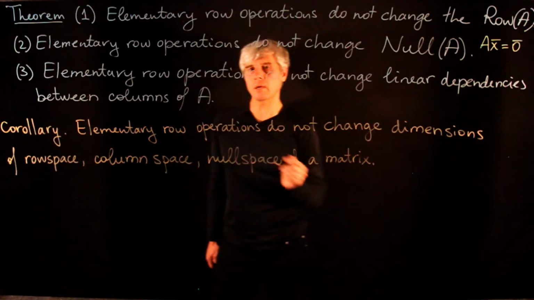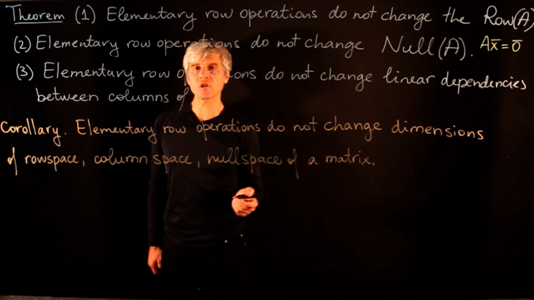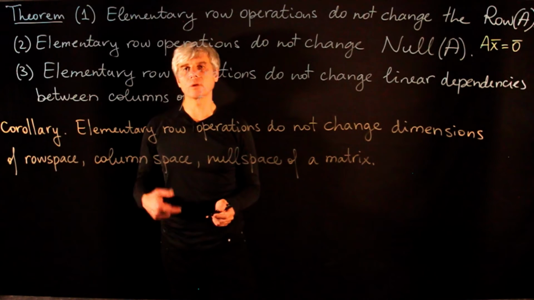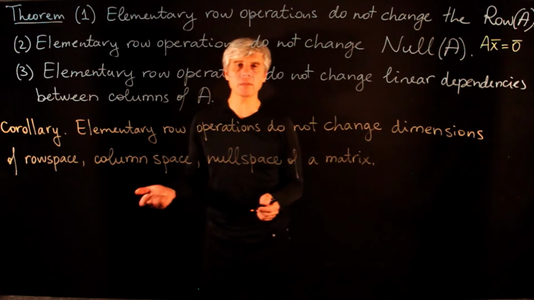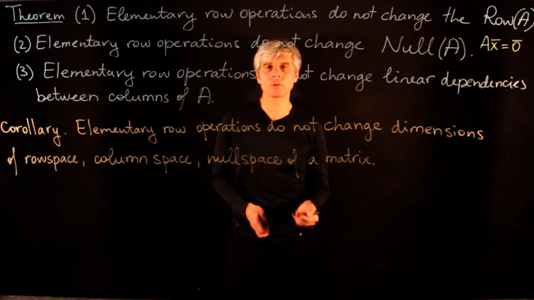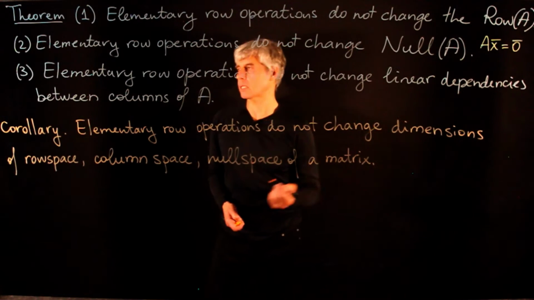So this means that if we apply an elementary row operation, then the dimension of the row space of the old matrix is equal to the dimension of the row space of the new matrix.